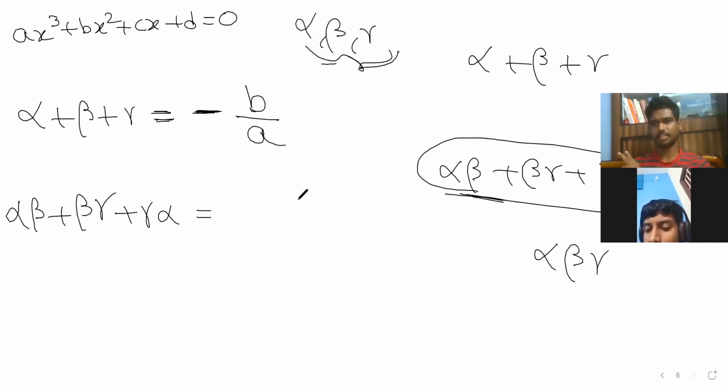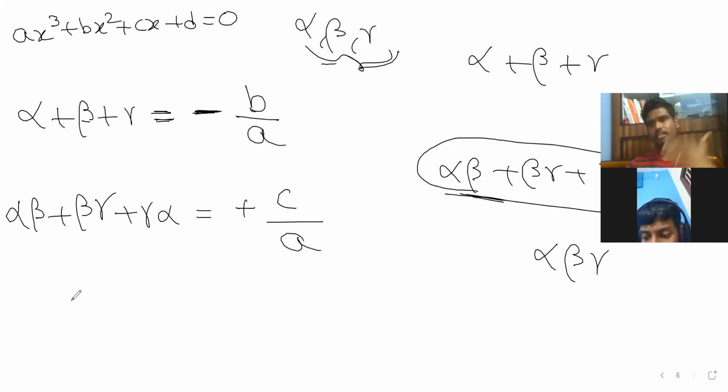Since for the sum we took minus, it always starts with minus, remember. So for the sum of the product, you have to take plus. Next, the coefficient of the power less than this. First we have taken x square, right? Now come to x. So that is c by a.